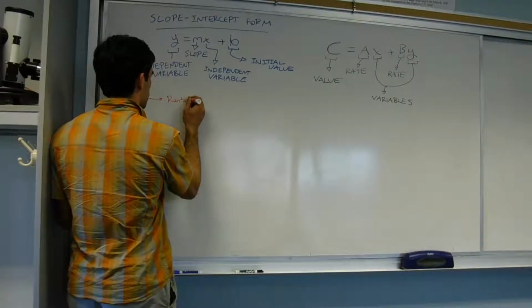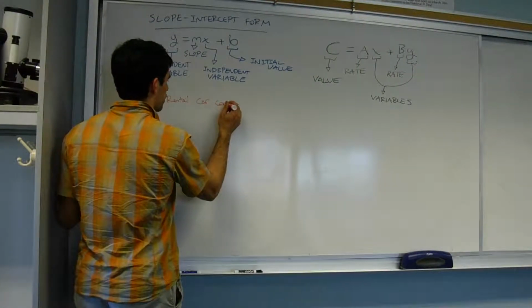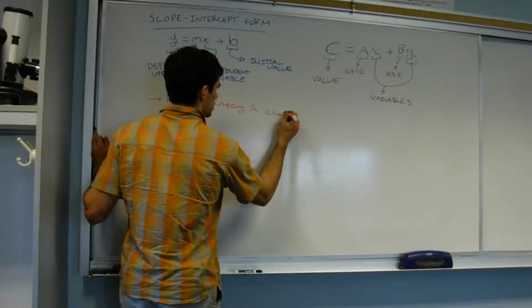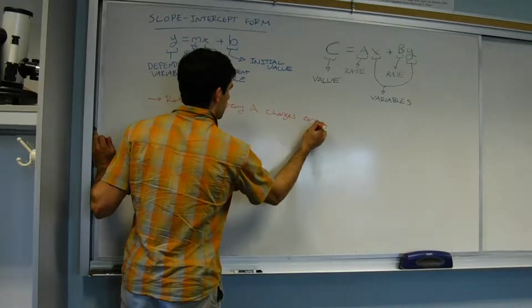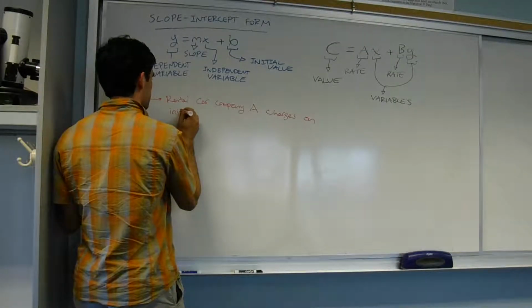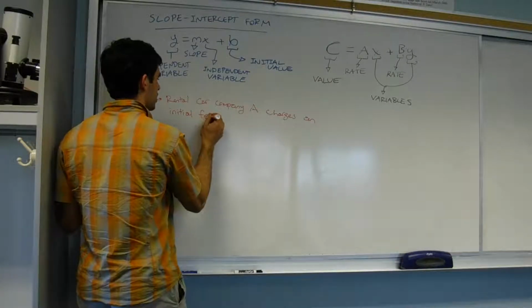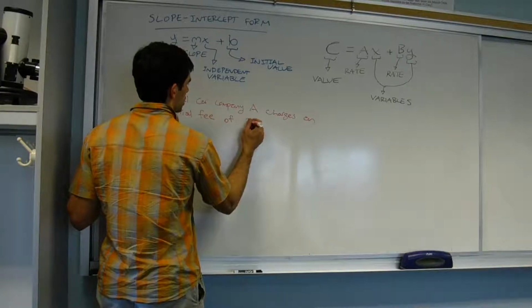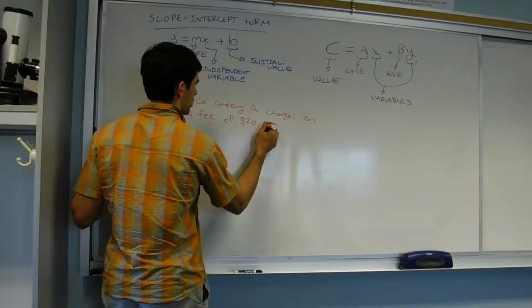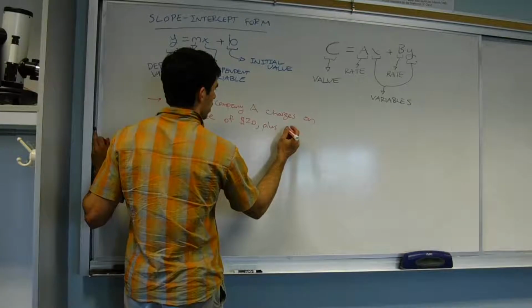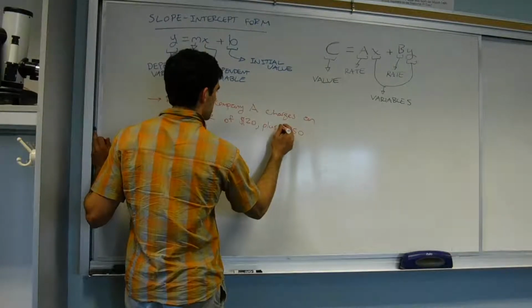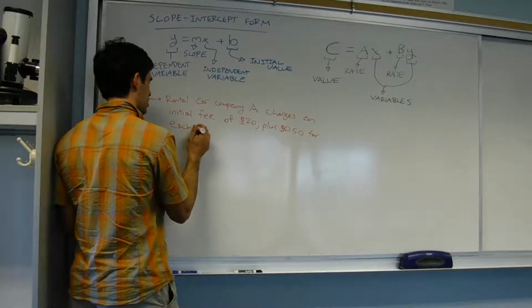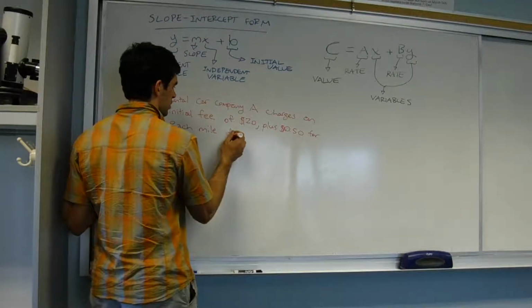Rental car company A charges an initial fee of, let's say, $20 plus 50 cents for each mile driven.